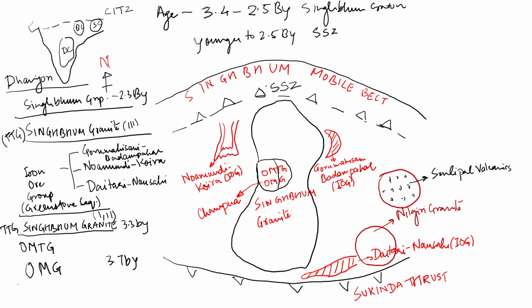Apart from this, just now we had seen after the Singhum granite phase the Singhum group, and then the Dhanjoris. So the Dhanjori is again a lava flow with quartzite and conglomerates. So the Dhanjori is exposed somewhere here.